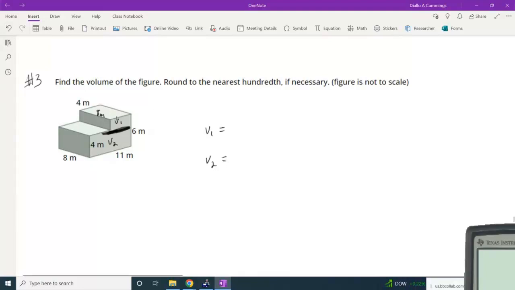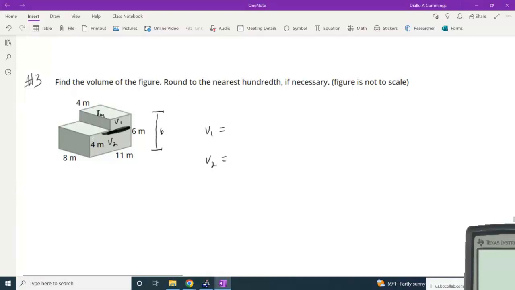And now I have to figure out the height. As we figure out the height, notice that this entire height is going to be 6 meters. So this is going to be 6 all together.